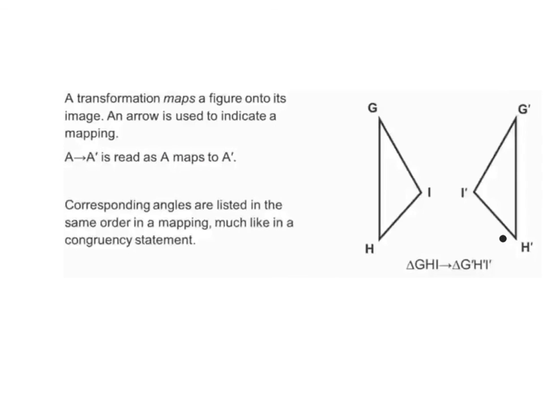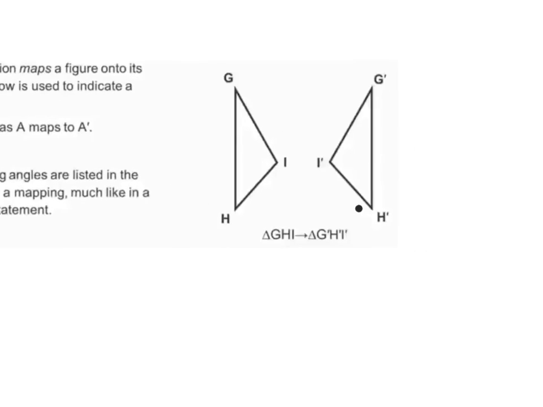Corresponding angles are listed in the same order in a mapping, just like in a congruency statement. Remember how the order in which the letters appeared really mattered, because it told me what corresponded to what. And so we can tell that here.